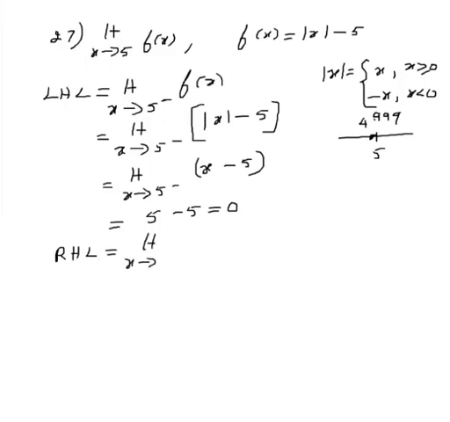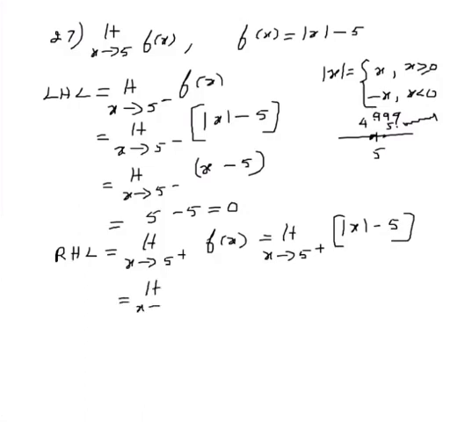Let us do RHL. Limit as x tends to 5 plus f of x. The same definition. Limit as x tends to 5 plus of the absolute value of x minus 5. 5 plus means on the right side of 5. For example, 5.000001, which is positive. On the left side of 5 as well as on the right side of 5, both values are positive only. Very close to 5 you have to consider.